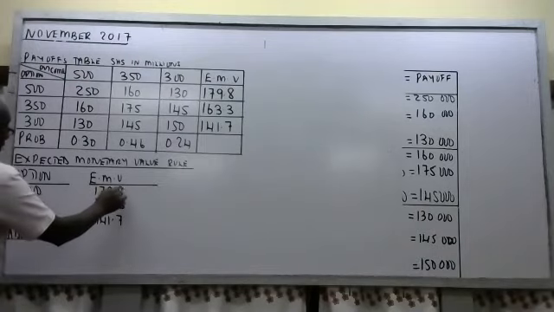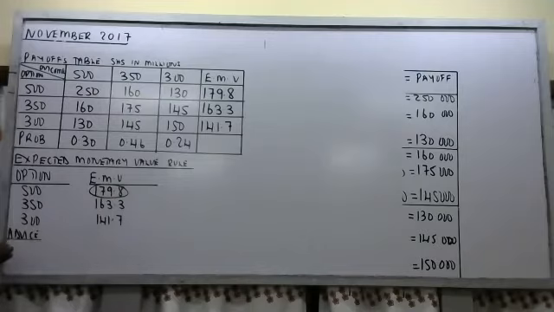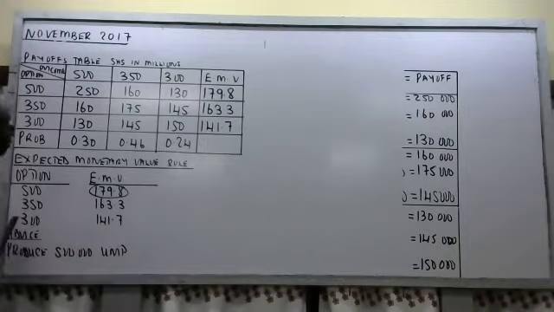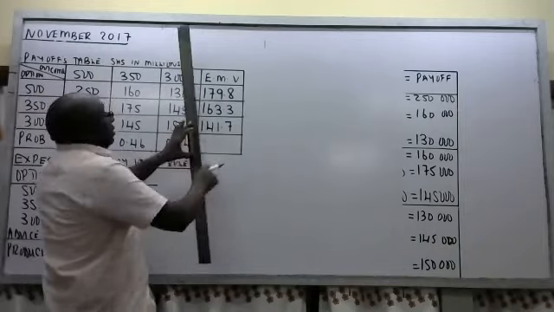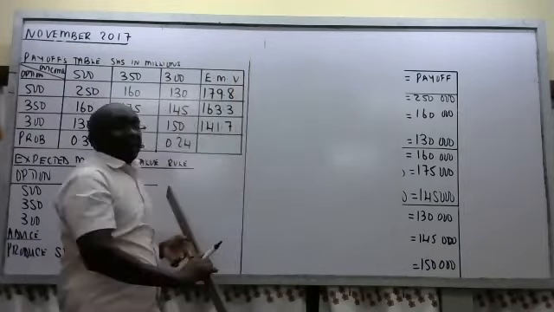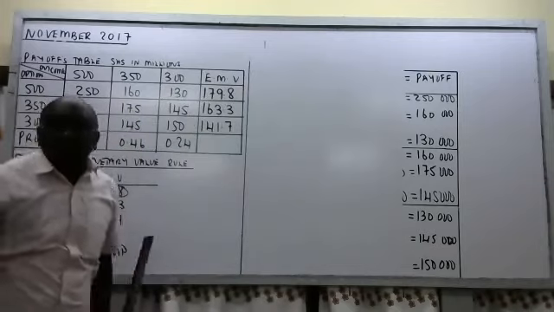So the highest is this one, 179.8. So we will tell them to produce 500,000 units of the umbrellas.